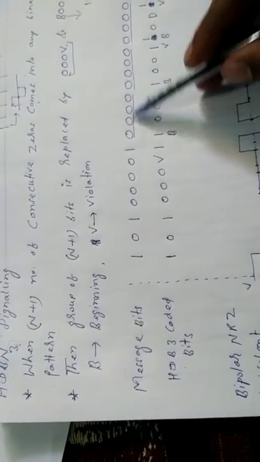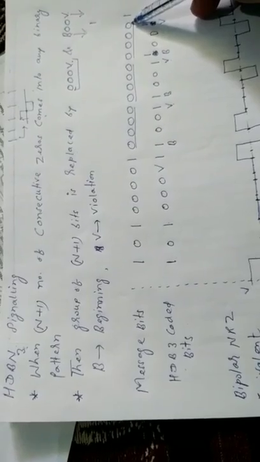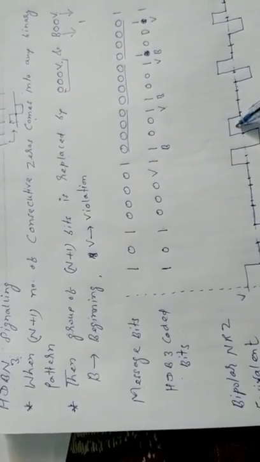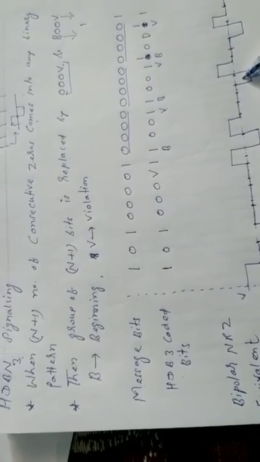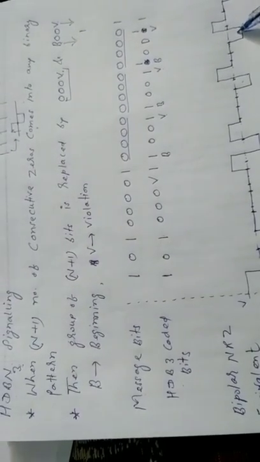Now how is it tolerant of the successive zeros or a group of zeros? Suppose over here we have around 12 bits of 0. So here we have positive 1, then negative, positive polarity, and then negative. Next it is positive, similarly negative over here.